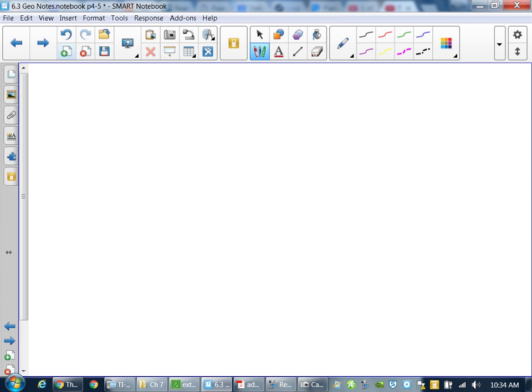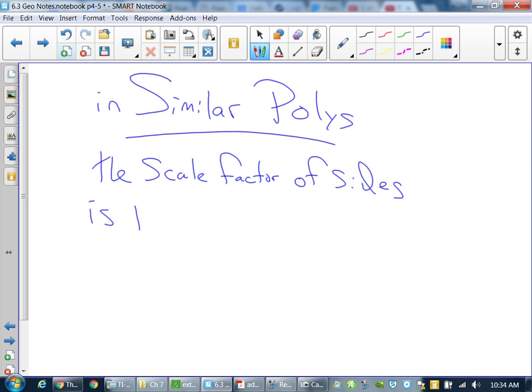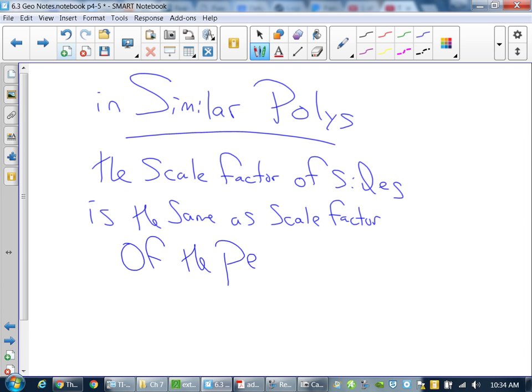In similar polygons, the scale factor of the sides is the same as the scale factor of perimeter. It's the exact same thing as the scale factor of perimeters.